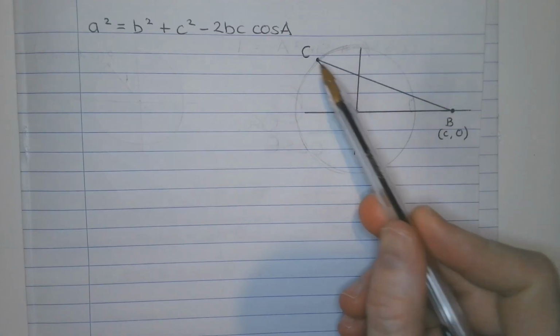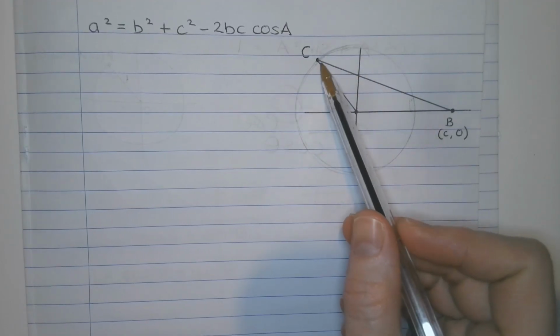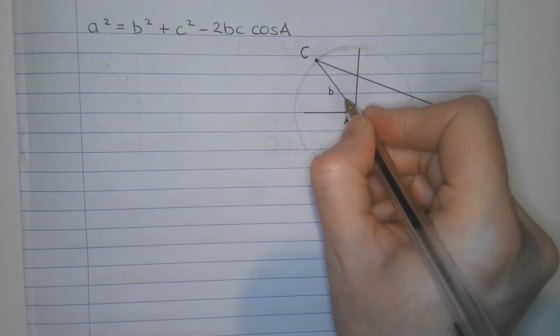Since any coordinate on any point on the unit circle can be written as cos theta, sine theta, we're going to apply something similar here.